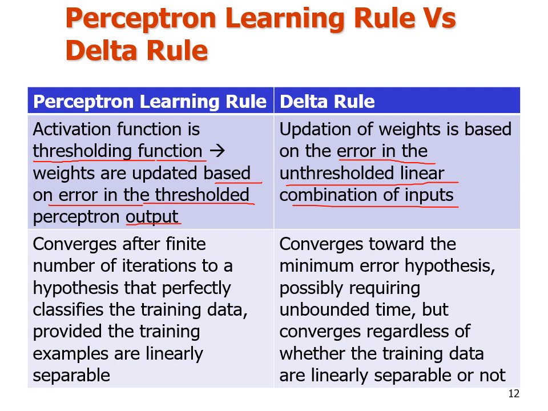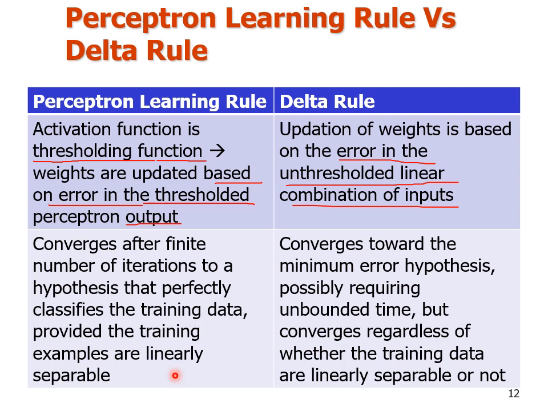Next, the perceptron learning rule converges after a finite number of iterations to a hypothesis that perfectly classifies the training data, provided the training examples are linearly separable.